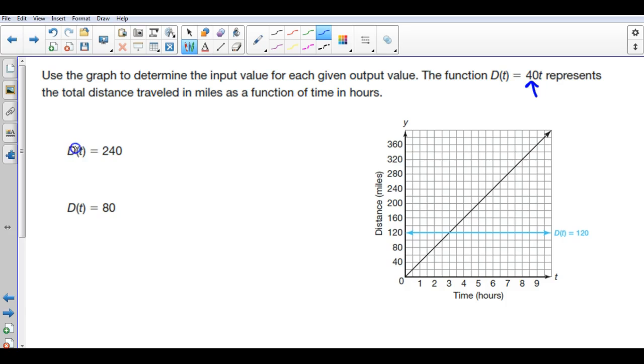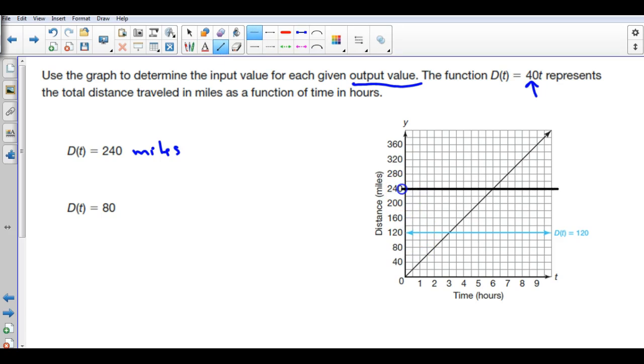Now, this is saying d of t equals 240. So think about this. I'm giving you the output value. So I'm giving you 240 miles, and we want to know how many hours she's traveling. So I'm not going to look here first. I'm going to want to look at the y-axis because this is the one that has the 240 miles. And what you're going to want to do is find where the 240 is, and we're going to draw a straight line over.